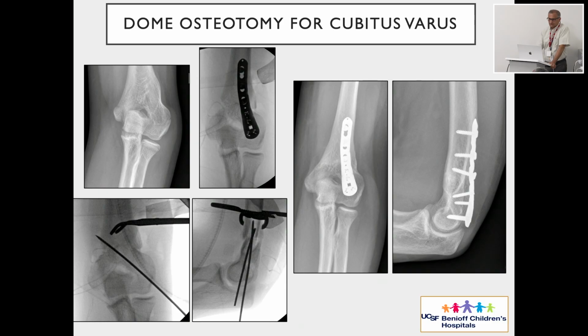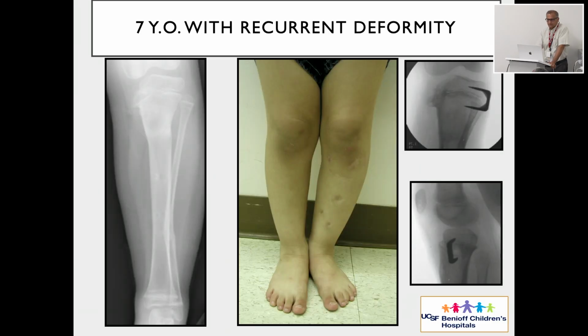This we sort of saw earlier. You could do a dome osteotomy, same principles. Those principles are find the apex. If you can do an osteotomy at the apex, do it. Then you don't need to translate. If you're doing it away from your apex, you've got to translate, right?